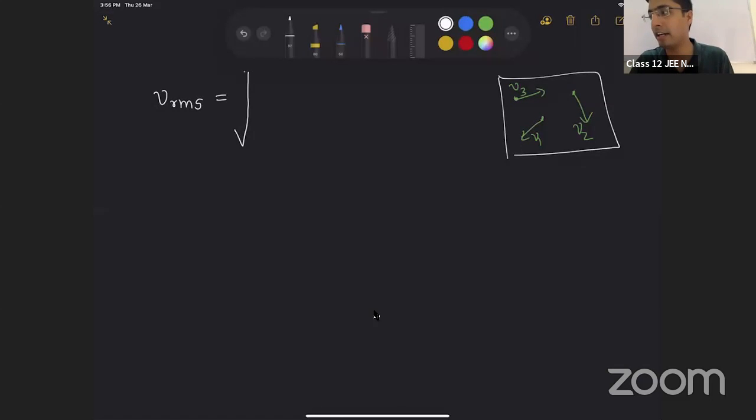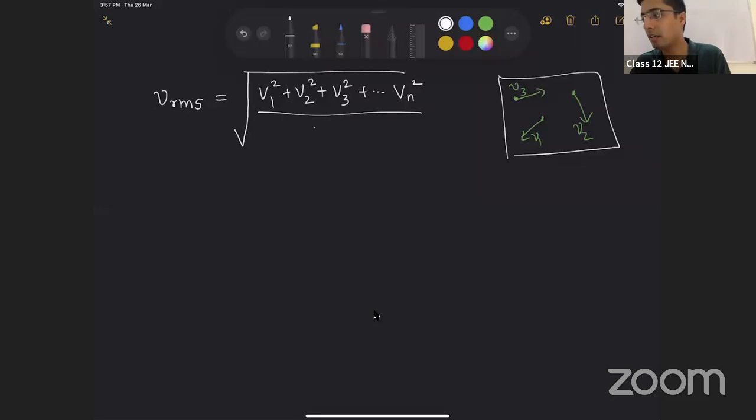Take the individual velocities, V1 square plus V2 square plus V3 square, every molecule, take the velocities, square them and divide it by the number of molecules. This is the velocity we will use to measure the kinetic energy of a gas, right? That's why it is important.